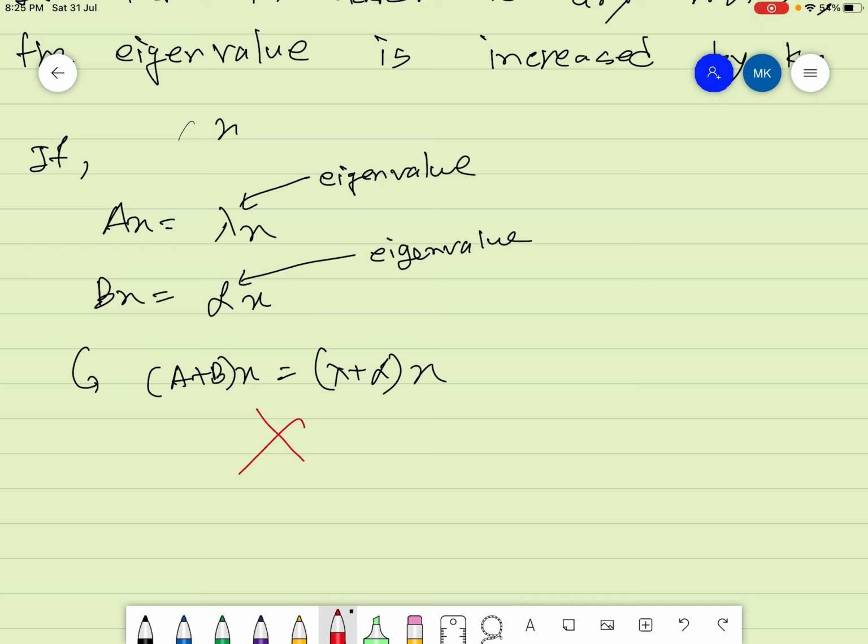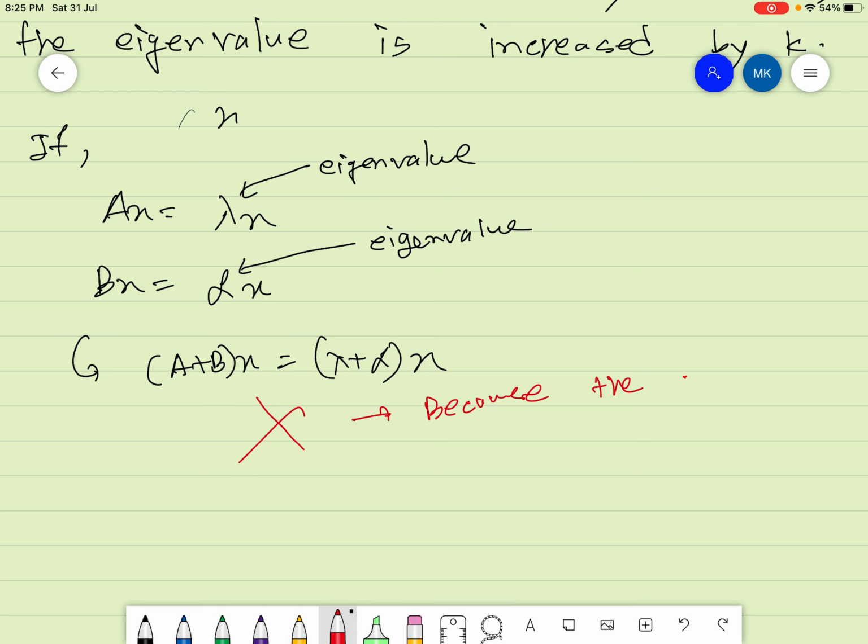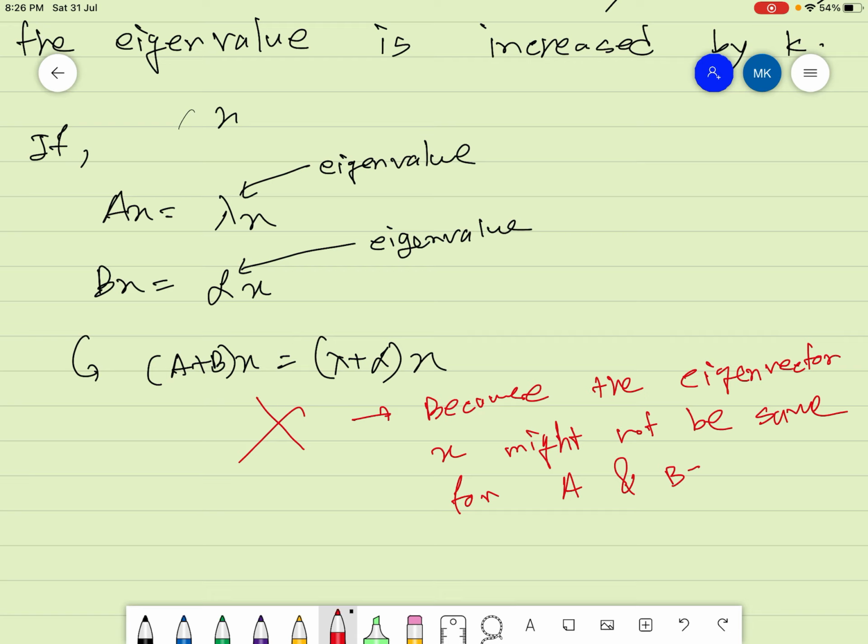This is only right if the eigenvectors are the same for both cases, but in most cases that is not true, because the eigenvector x might not be the same for A and B. Okay.